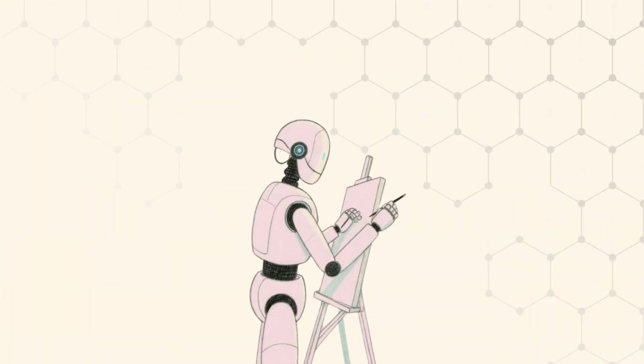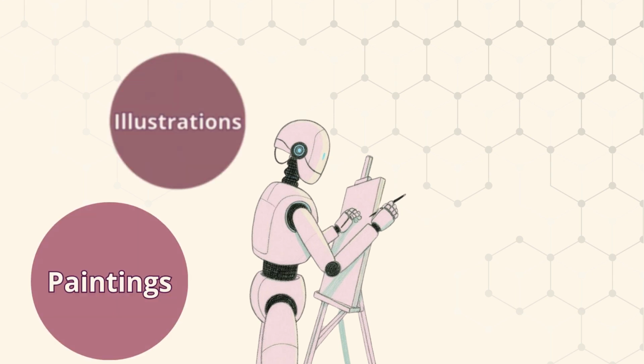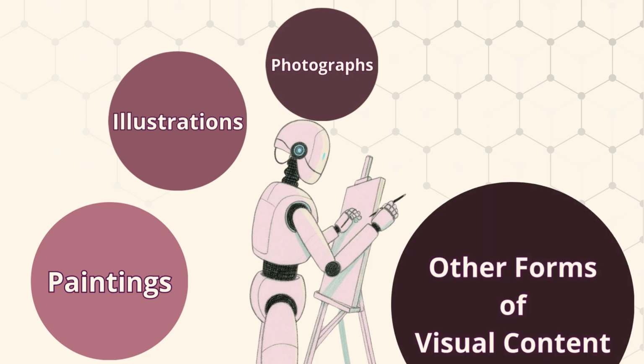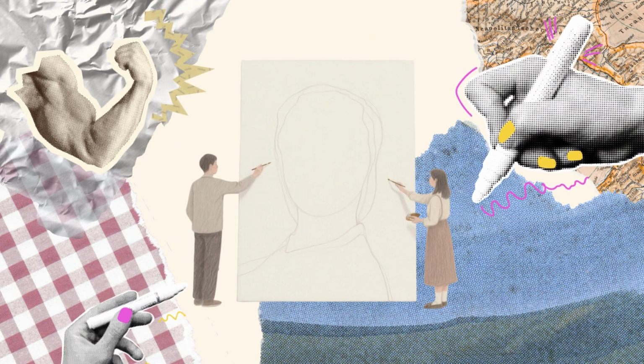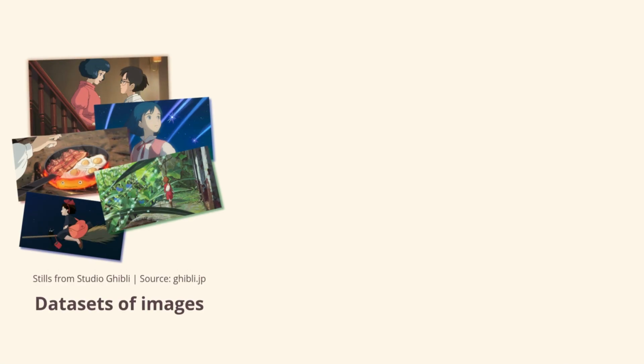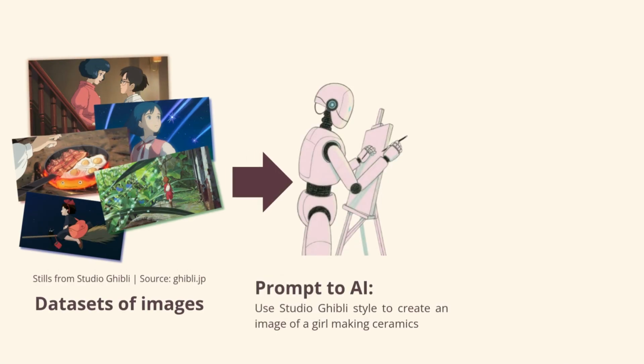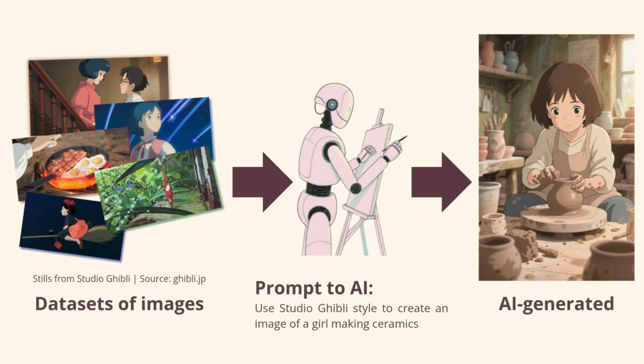However, AI art generators are trained on massive datasets of images, which include paintings, illustrations, photographs, and other forms of visual content, each representing the hard work of original creators. As a result, AI-generated art often draws heavily from pre-existing styles and works, blurring the lines of originality. This appropriation raises ethical questions about the value of original creation and the hard work invested by creators.